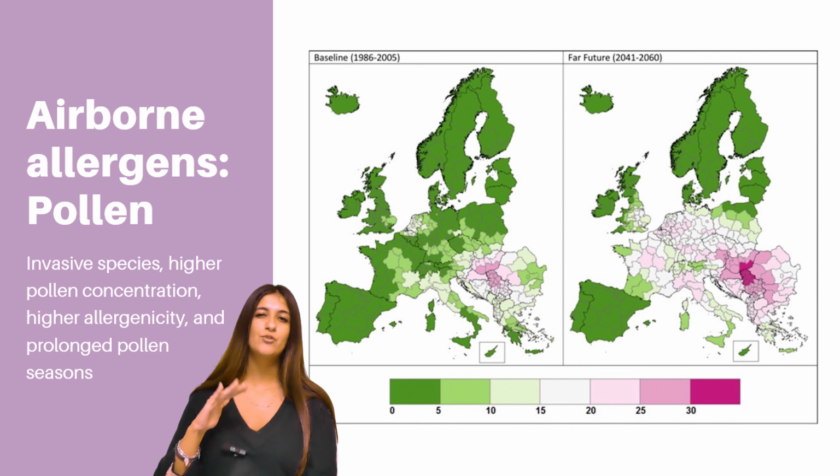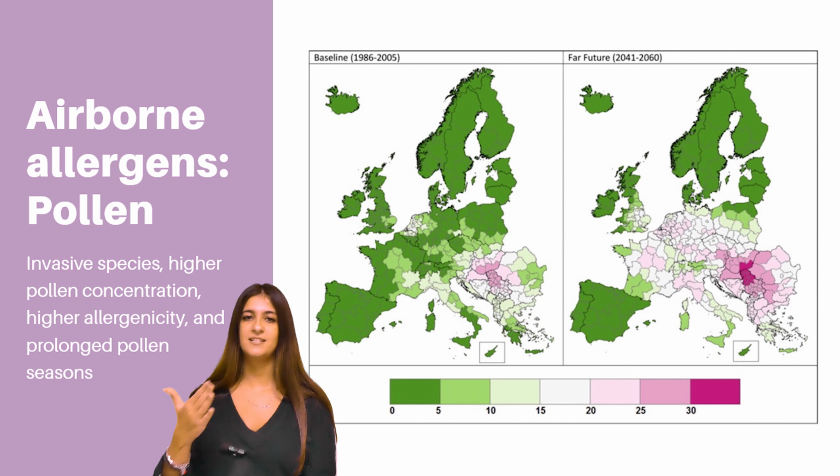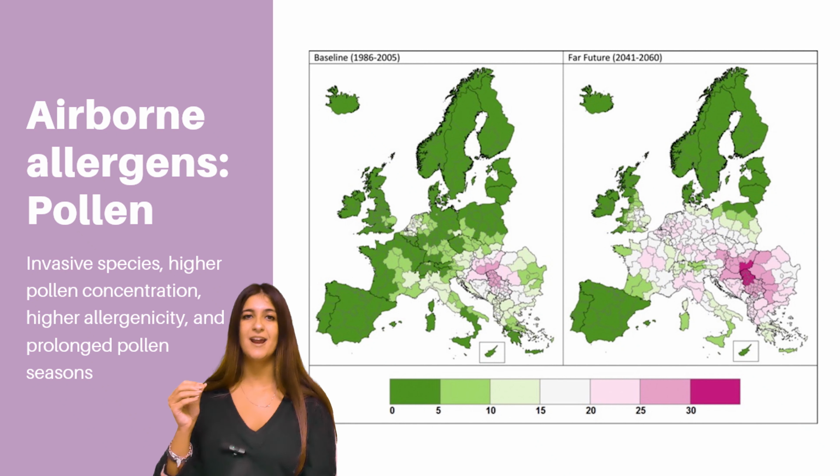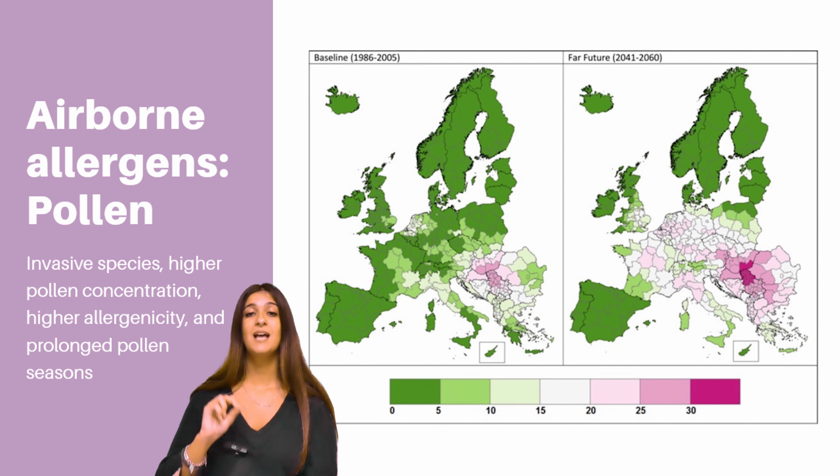However, with increasing temperature, the pollen season will shift and extend, altering pollen concentration and allergenicity, as well as shifting the geographical distribution of pollen. This means that alongside the rising air pollution, allergies due to airborne allergens are likely to surge in the future.